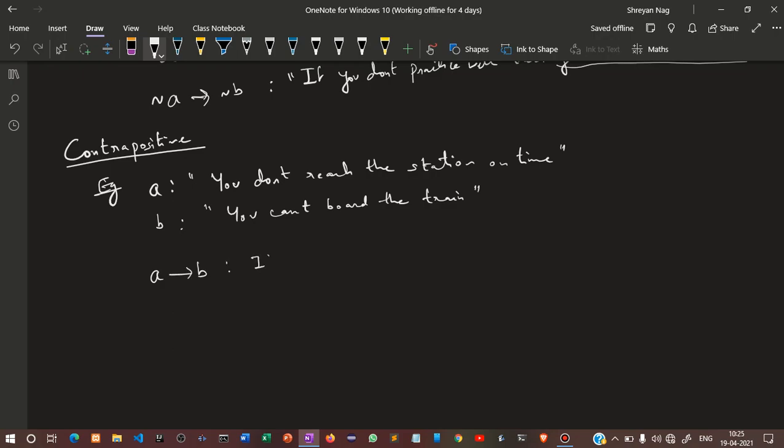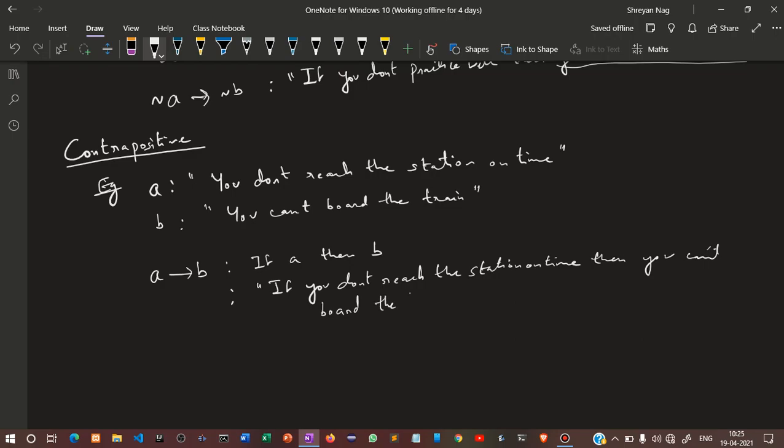So you will write: if you do not reach the station on time, then you can't board the train.